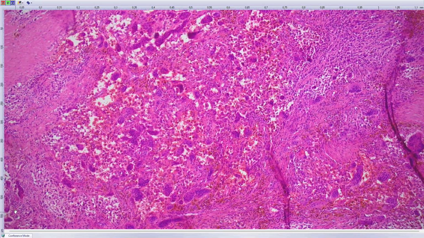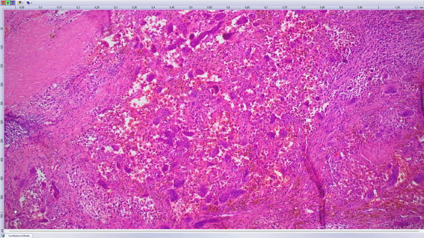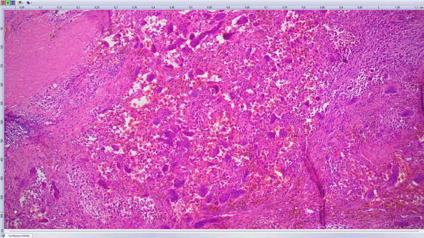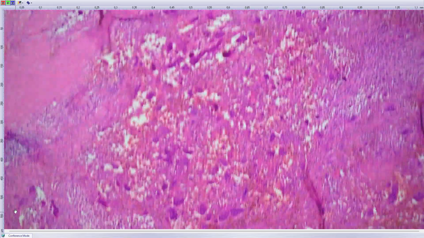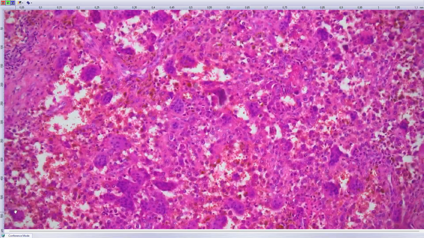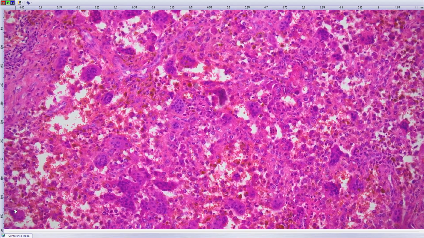Previously this lesion was called pigmented villonodular synovitis, but it's no longer recommended. Okay, that's it.